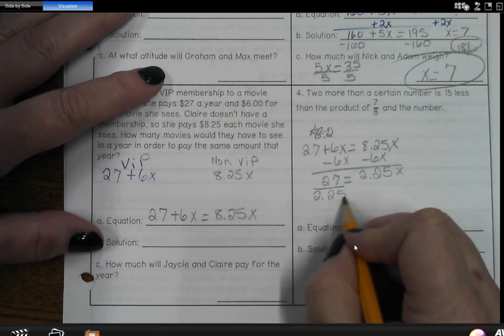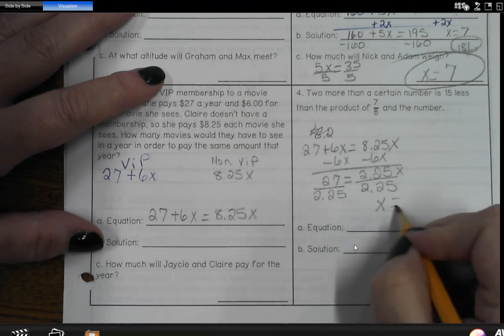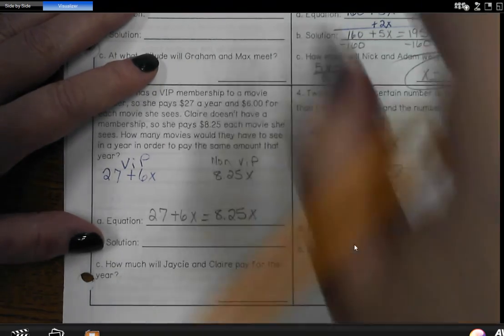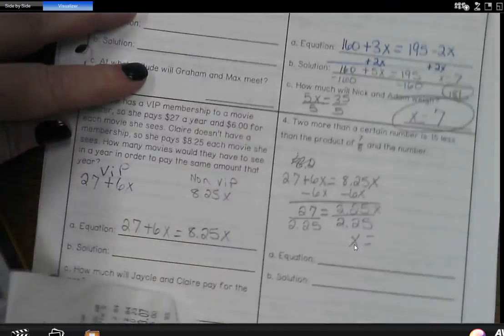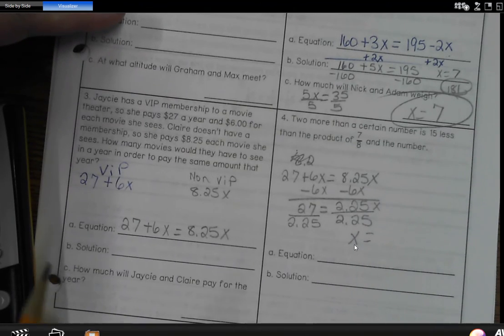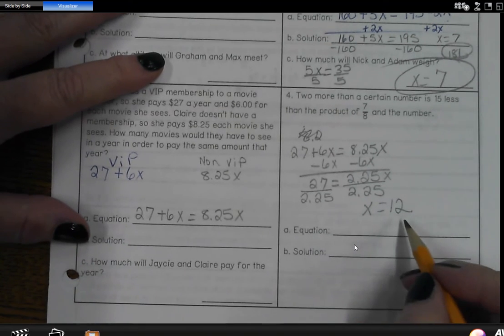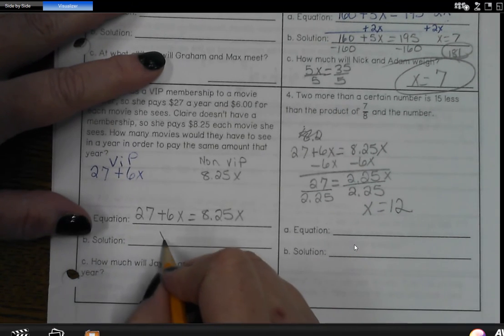Divide both sides by 2.25. What do you get? Did I do something wrong? No, 12. X equals 12. So my solution is x equals 12.